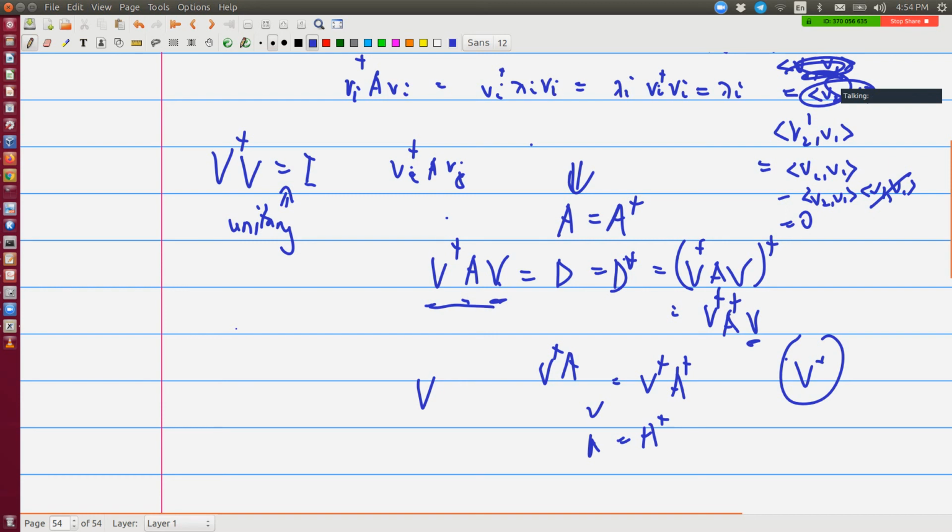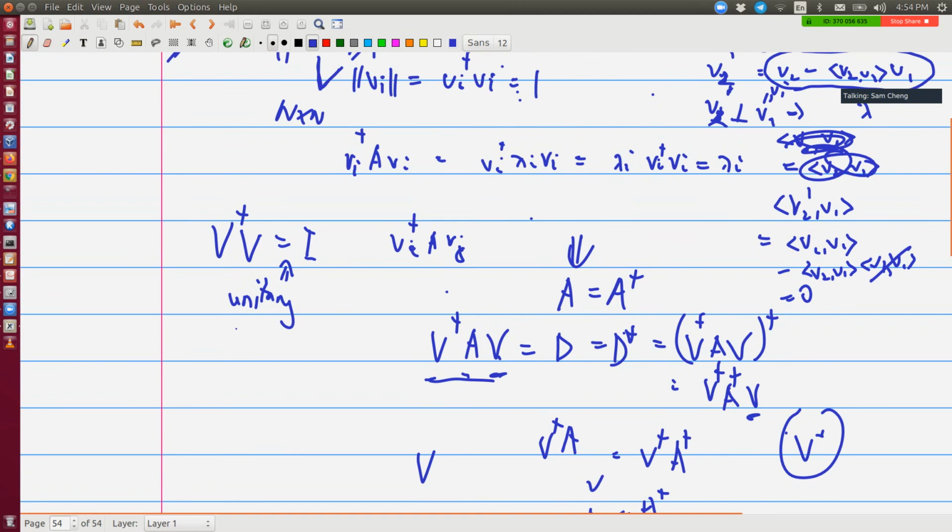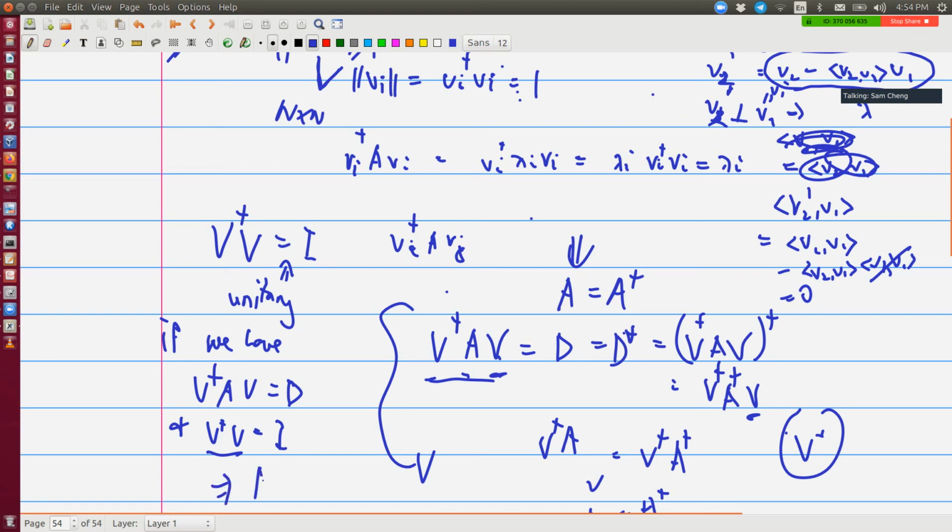So, if we have V Hermitian A V equal to D, and V Hermitian V is equal to identity, that basically means V is unitary. Then A is equal to A Hermitian.